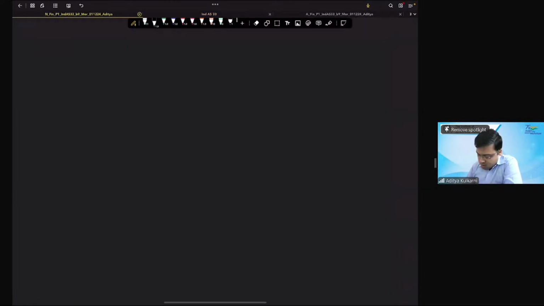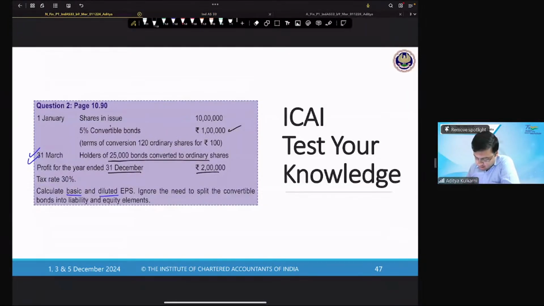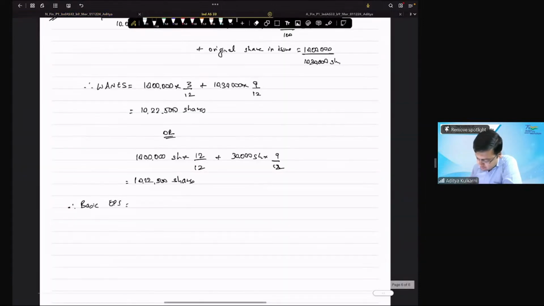Therefore, कितना प्रॉफिट कमाया है? 2 lakhs, divided by 10,22,500 shares. So 2 lakh is the profit earned divided by 10,22,500 weighted average number of equity shares.